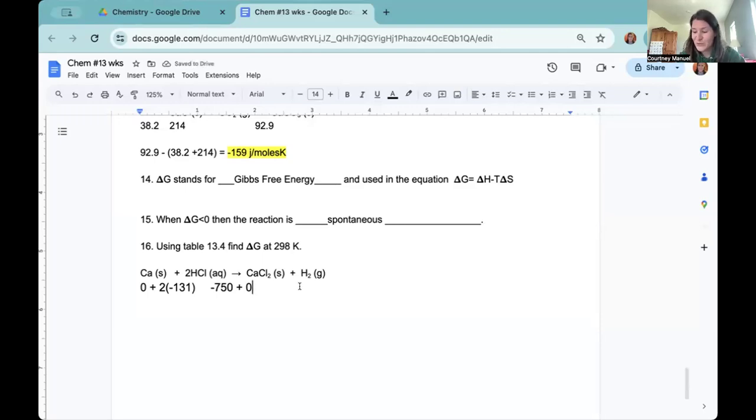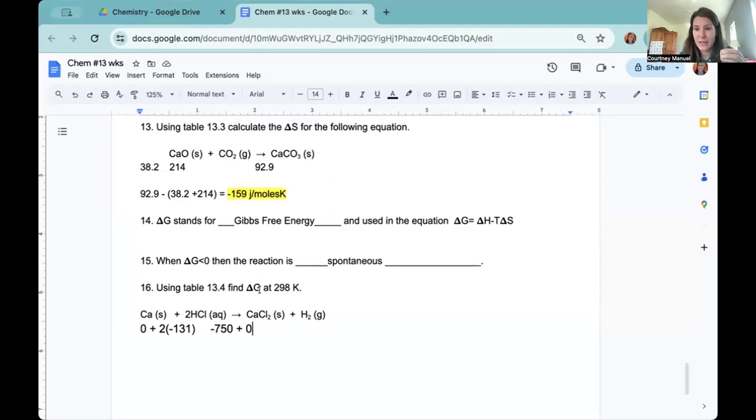What we do now is very similar to our entropy: we subtract our product, our -750, from our 2 times -131. And because we're now subtracting a negative, we end up with a positive number of 488 kilojoules.